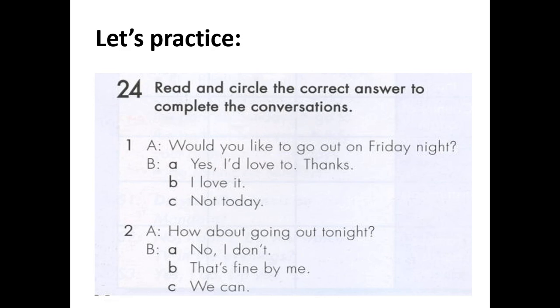Before I give you the answer to each question, you can pause to think about it yourself and look at my answer. 1. Would you like to go out on Friday night? A, B, and C. So which is correct, you think?